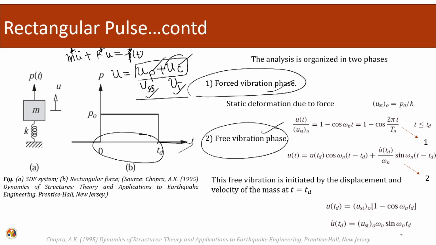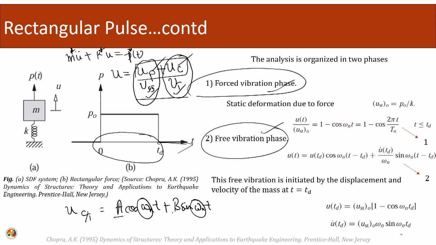The complementary or transient response is the response of the system without the effect of any external force. The particular or steady state response is the response of the system when it is acted upon by an externally applied loading. The formulation of U complementary or U transient is A cos omega n t plus B sin omega n t, where omega n is the frequency of the system.